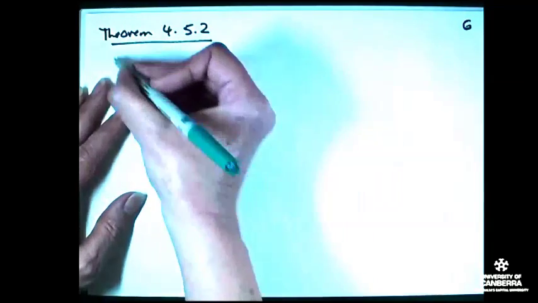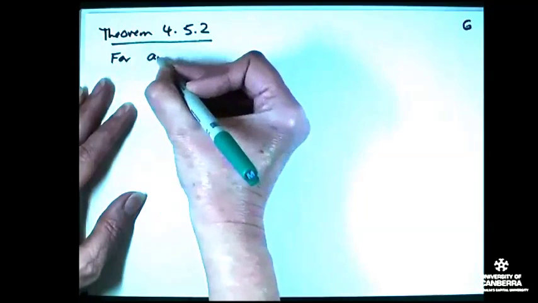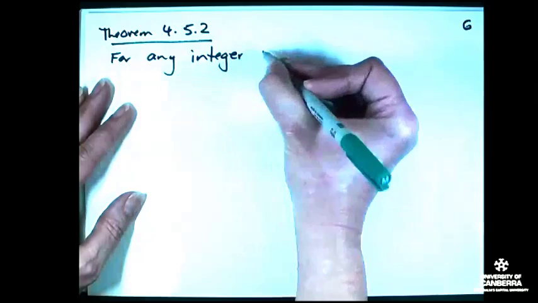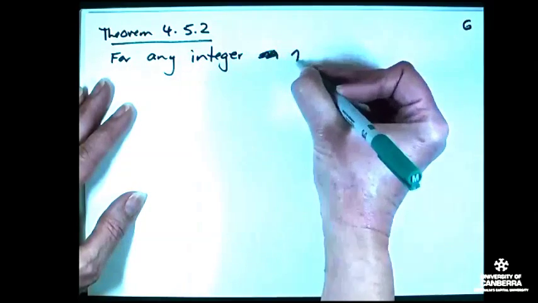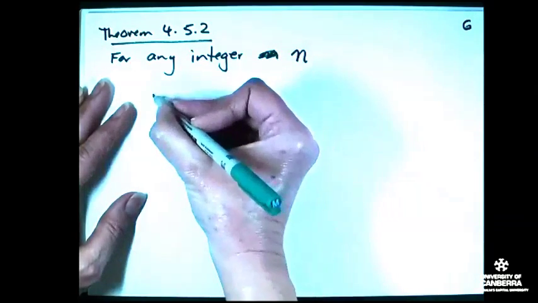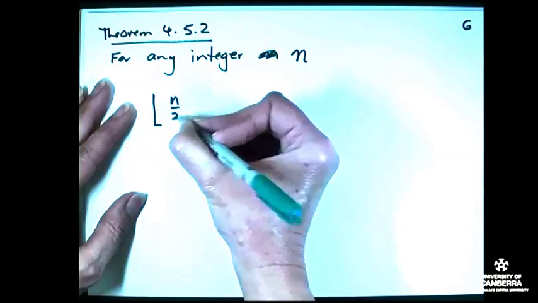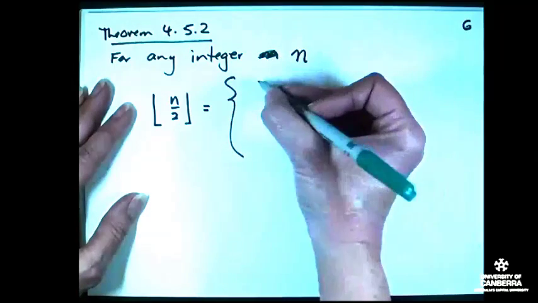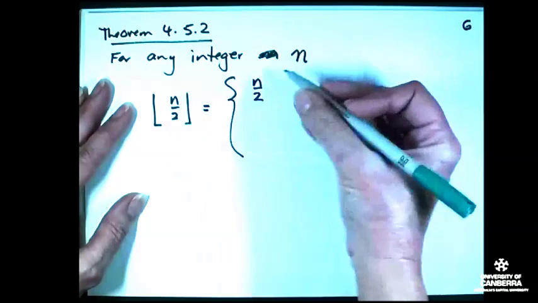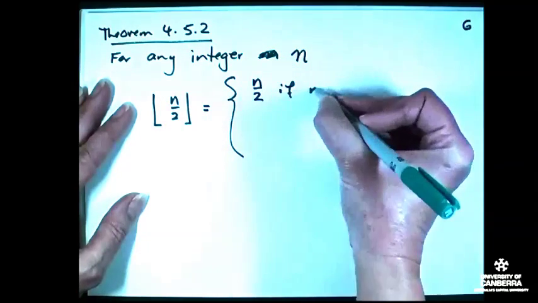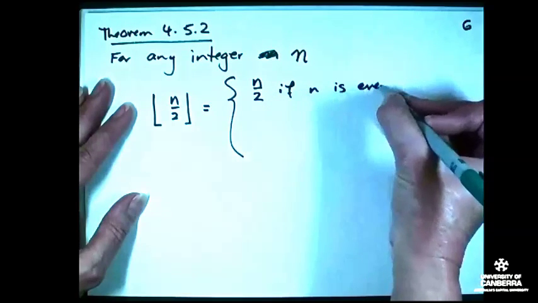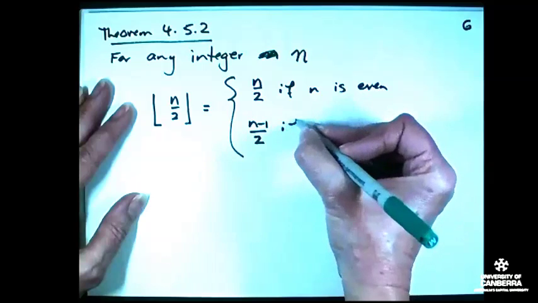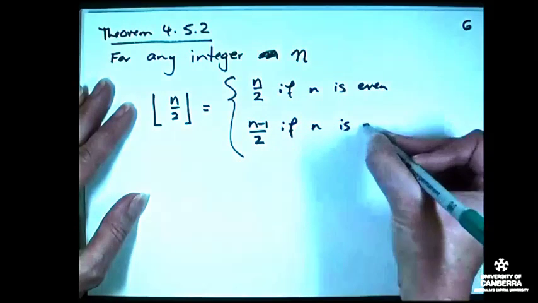And that says for any integer n, the floor of n divided by 2 is equal to n divided by 2 if n is even, and n minus 1 divided by 2 if n is odd.